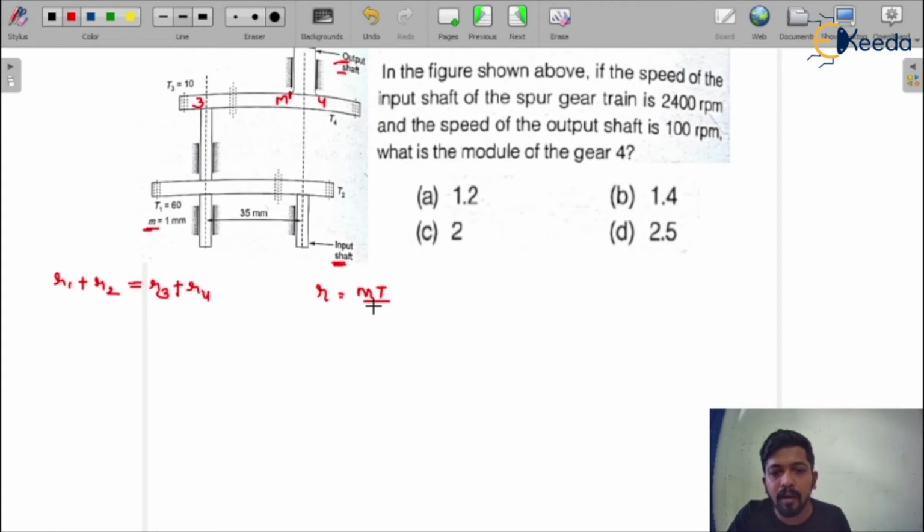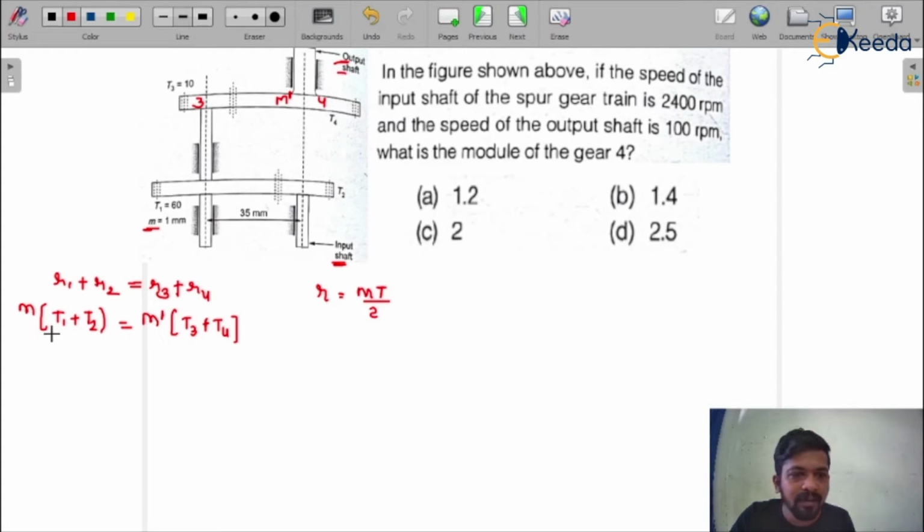Now we have to convert it into module form, that is m(t1 plus t2) is equal to m dash (t3 plus t4). m is given, t1 is given, t2 is not given, m dash we have to find out, t3 is given and t4 is not given. So basically there are three variables that we need to find out.